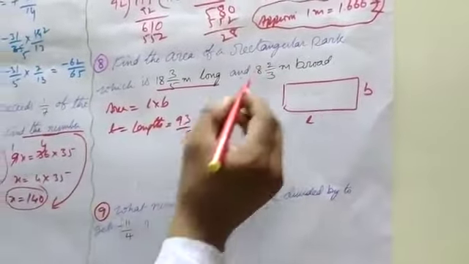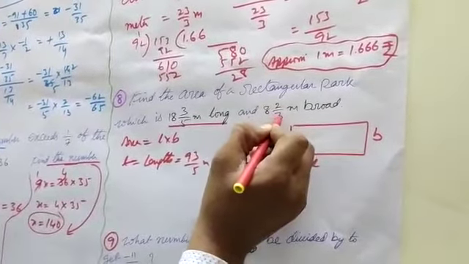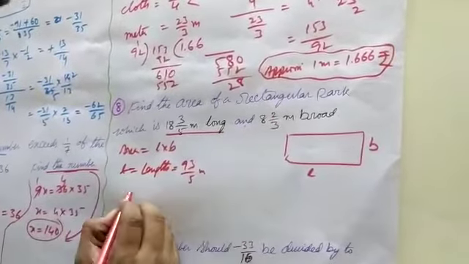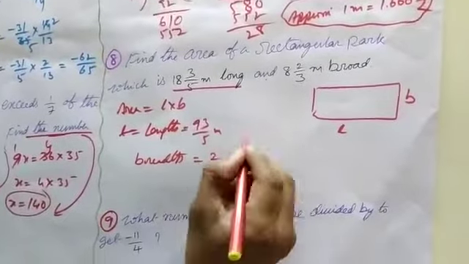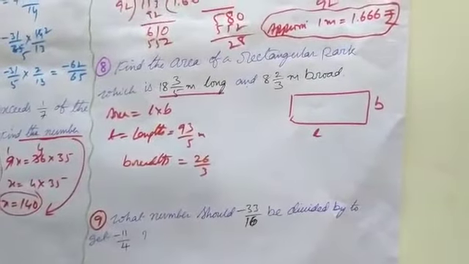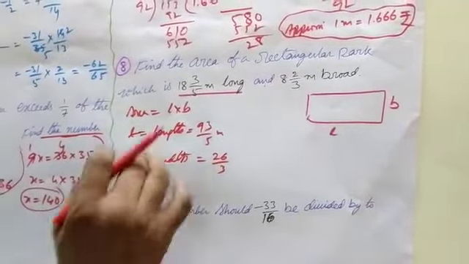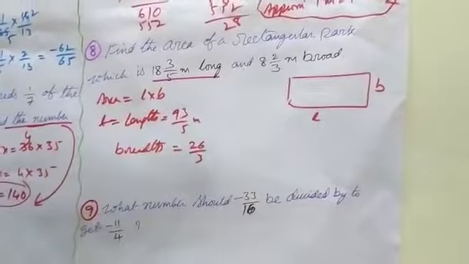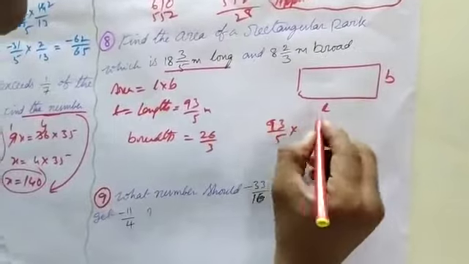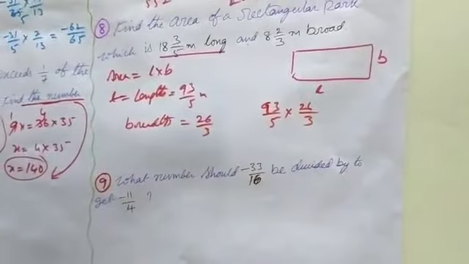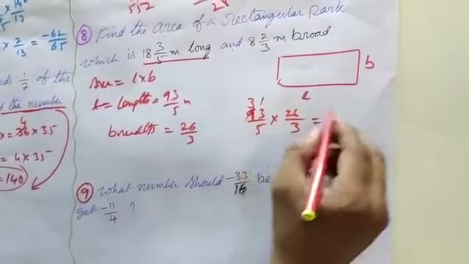The breadth B is 8 3s are 24 plus 2, 26 by 3. What is L into B? The area of the rectangle is L into B, which is 93 by 5 into 26 by 3. Here 3 3s are 9, 3 1s.